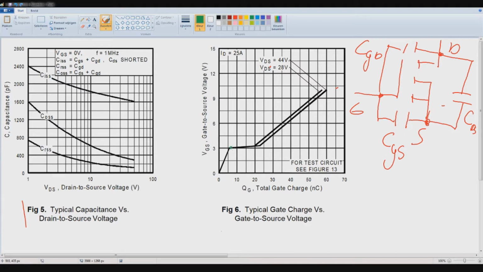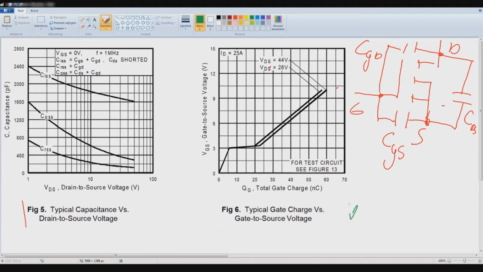And you see how from 3 to a little bit above 3, the charge increases by a very big amount, and then it goes fully linear. So let's say we are at 9 volts, at 28 volts, we have 50 nanocoulombs.